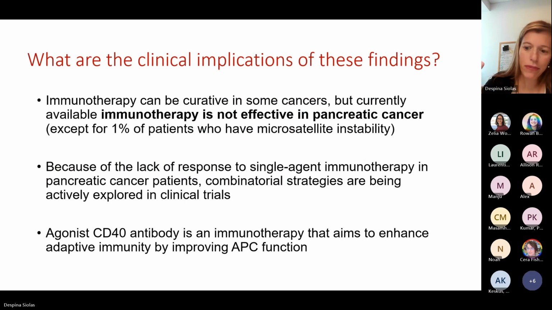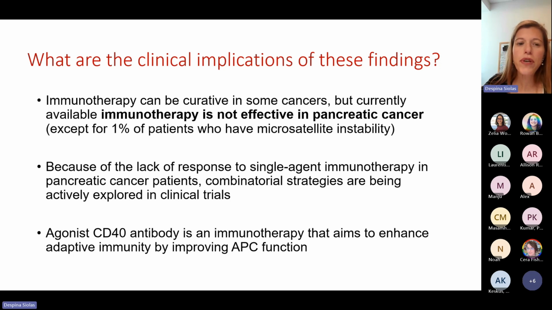So because I want to focus more on the clinical implications and how this project leads to my current research, I'm going to skip over more of the mechanism and go more into, well, what can we do with this kind of info?